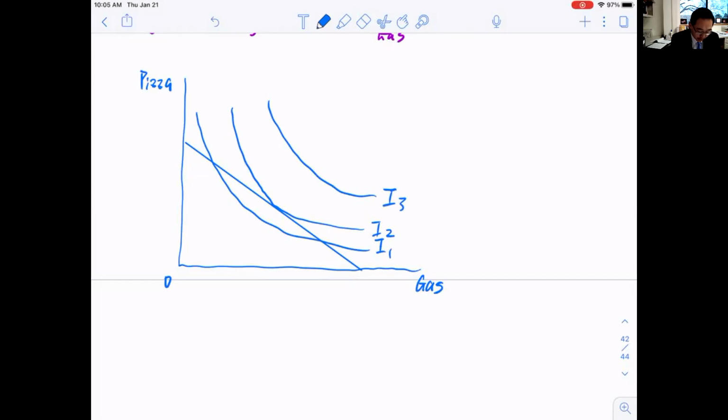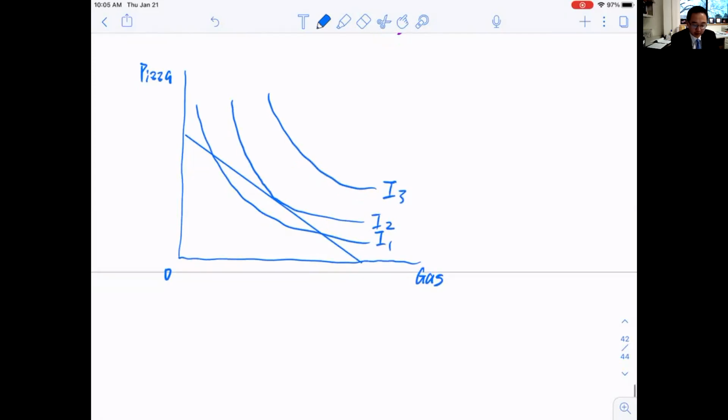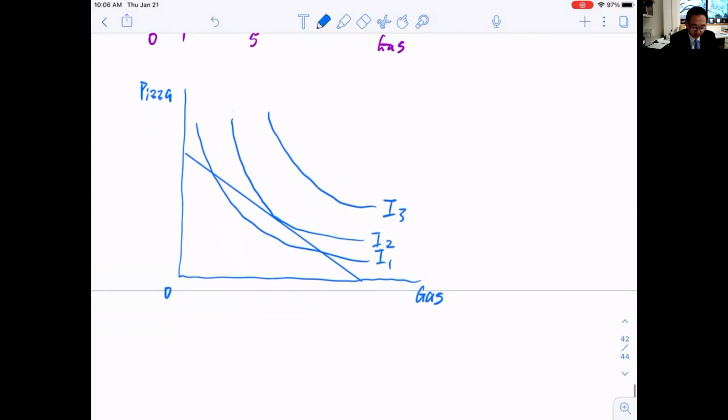You can see that clearly you cannot consume anything on I3, because I3 is totally above your budget constraint. We talked about anything above your budget constraint, you just can't afford it. So you can't afford I3 for sure. But when it comes to I1 and I2, there are several points that are actually interacting with your budget constraint.